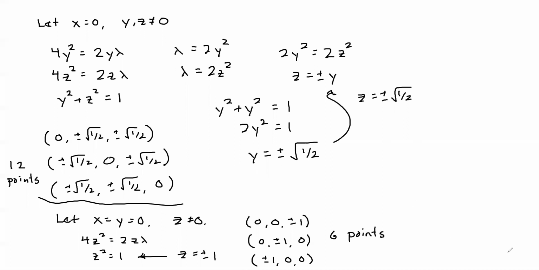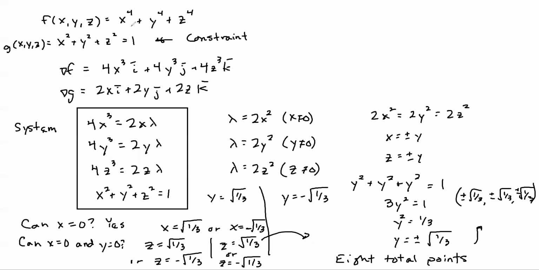So let's do that. All right, so to test them, how do you test these points? You plug them back into the original function. The biggest is going to be the max and the smallest is going to be the min. So let's just do them all at once. We're testing plus or minus root 1/3, plus or minus root 1/3, plus or minus root 1/3. What's going to happen here?